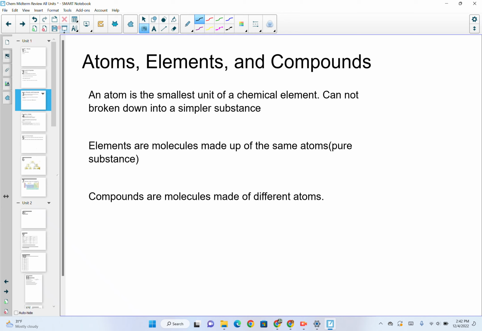On the other hand, compounds are molecules made up of different atoms. An example of an element would be oxygen gas, which is just two oxygen atoms, but a compound would be something like carbon dioxide, which is made up of a carbon atom and two oxygen atoms.